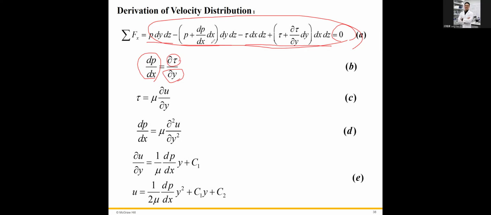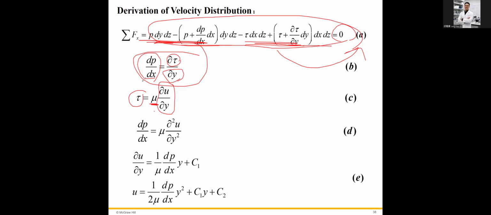Okay, so you can just keep this P on the left and the tau to the right, so we can figure out this relation. From the previous lessons, we already know tau equals mu, the viscosity, times the velocity gradient along the y direction, right?